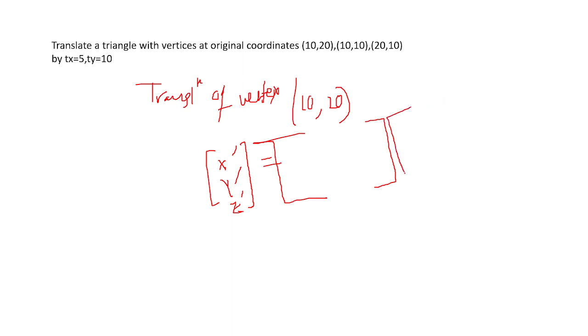And the coordinates which are given, 10, 20, and it will be 1.